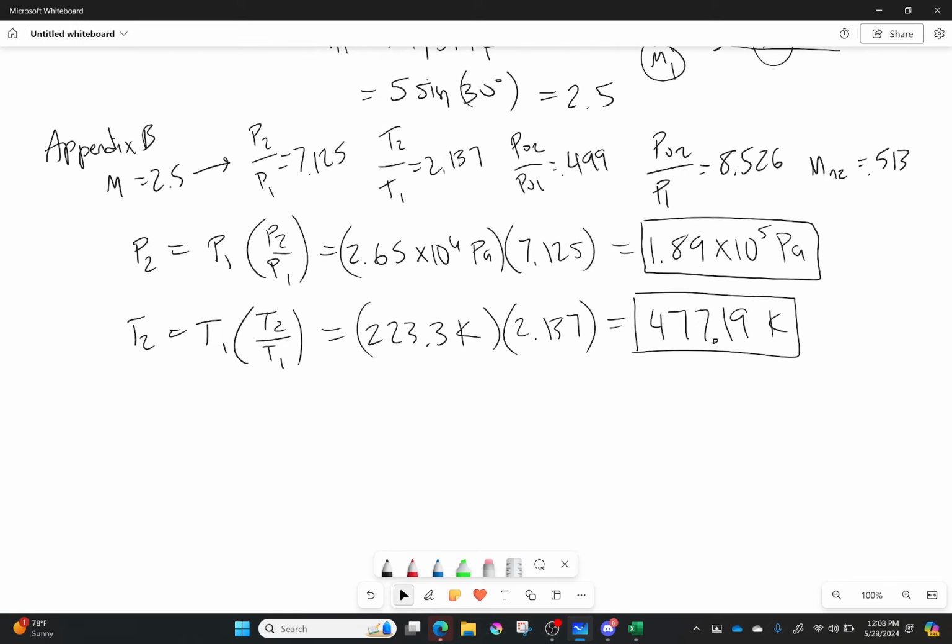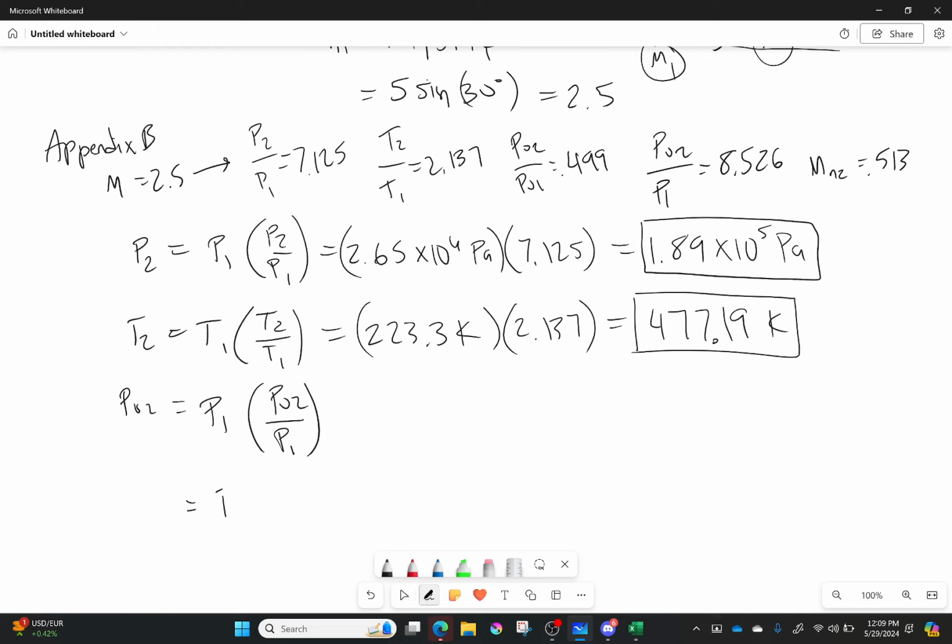And we'll do total pressure now. So P02 is going to be equal to P1 times P02 over P1. As a note, we could have gone to Appendix A to figure out what P01 over P1 was and got a very similar thing.